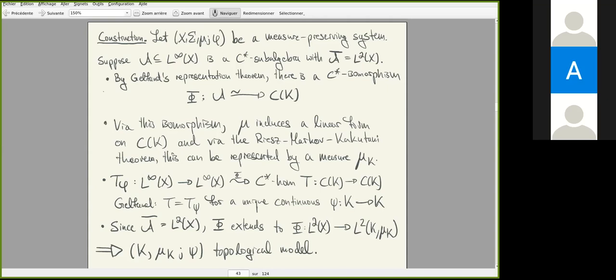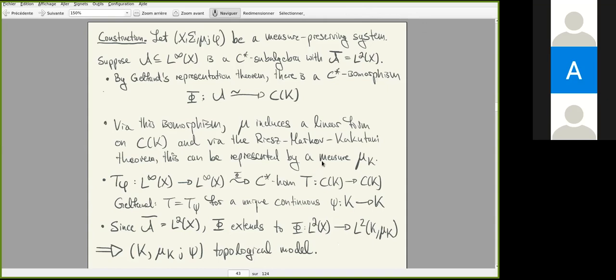It's essential that the algebra is dense for this last step, so that you can extend this isomorphism to all of L2 of X. For example, you could think of the simple algebra A, which just consists of the constant functions. This is not going to give you a meaningful topological model. The compact space that you get will just be a point. So it's really important that A is dense in L2 of X.